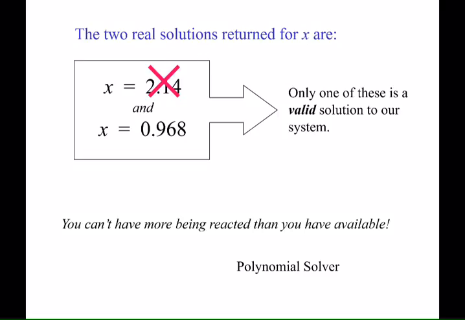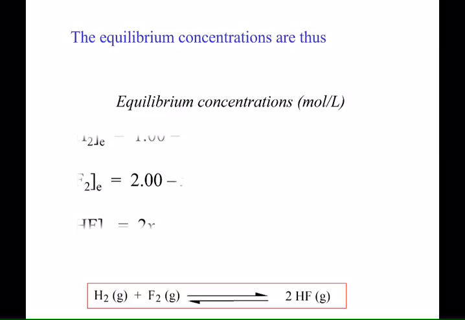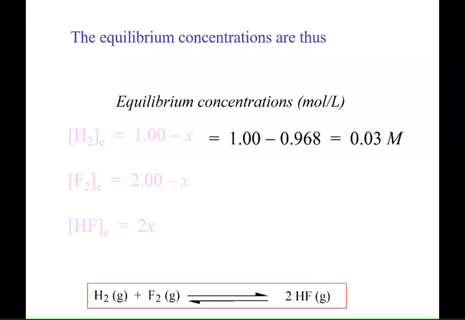The only one that makes sense is the one that's small enough to make sense. One's too big. So let's finish up the problem. We substitute back in our value for x now. And this first one, I'm like, really?